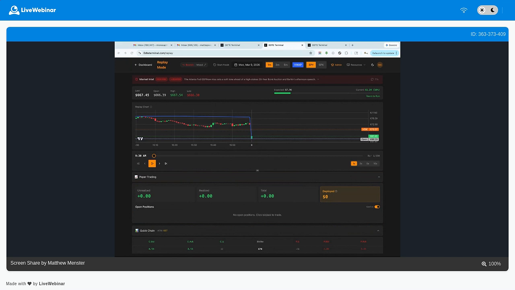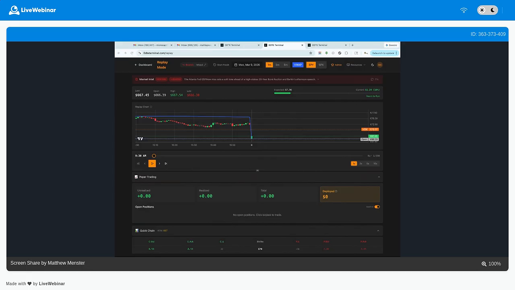Like if you do one trade that uses $1,993 in a $2,000 account, you open the trade, you close it, even if you make $1,000 on the trade and your account balance goes to 3,000, you can't make any more trades until the next day if it's a cash account, right?